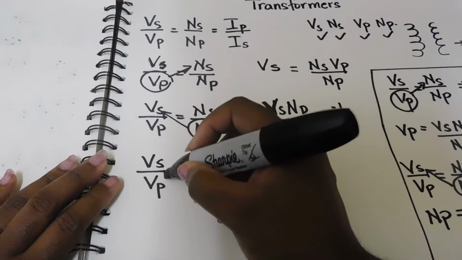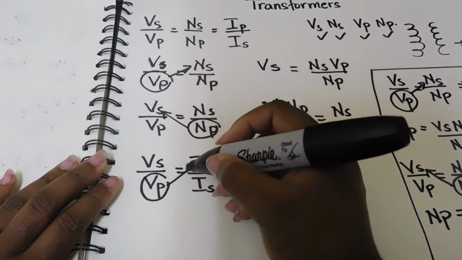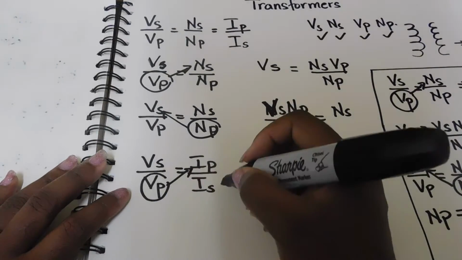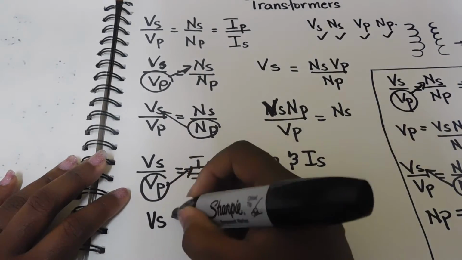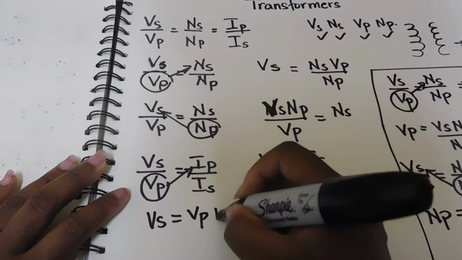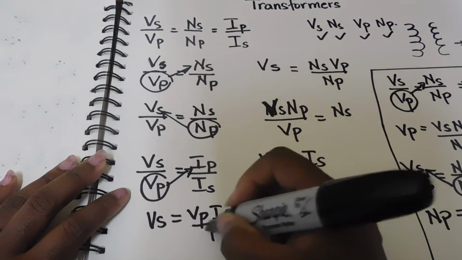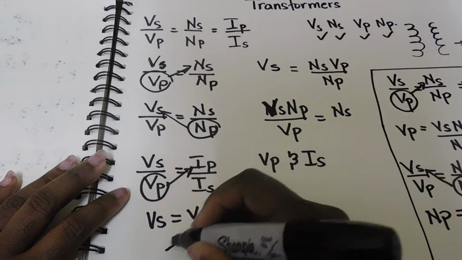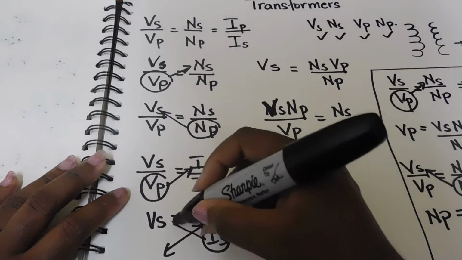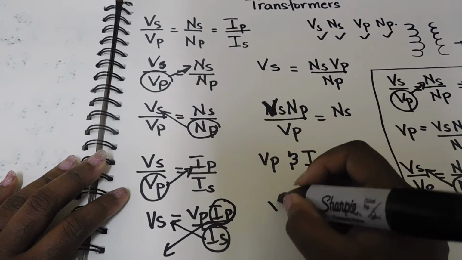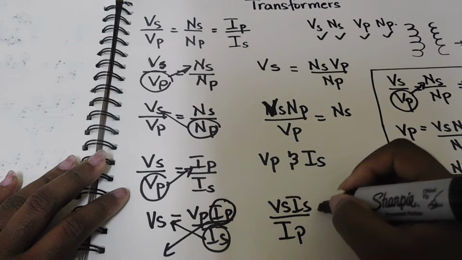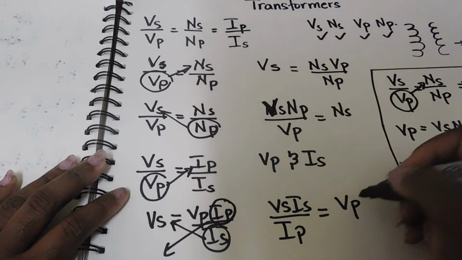Whenever they're in the denominator, you move them to the top. So we're going to solve for VP. VS is equal to VP IP over IS. You still want VP by itself, so you're going to move this downwards and this upwards, and you will get VS IS over IP equal to VP.